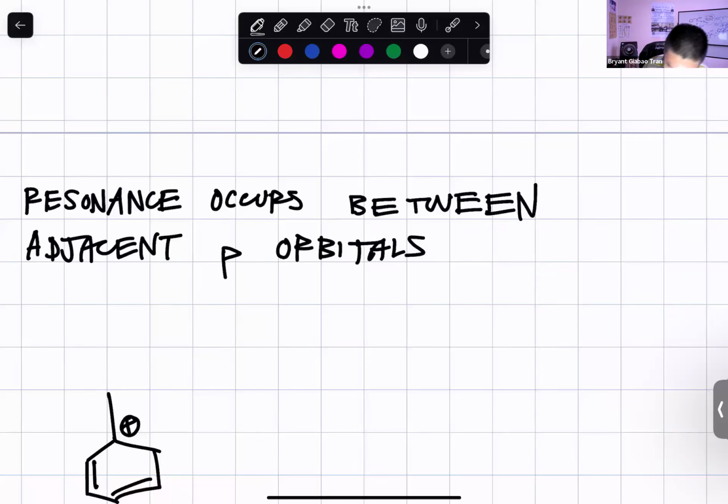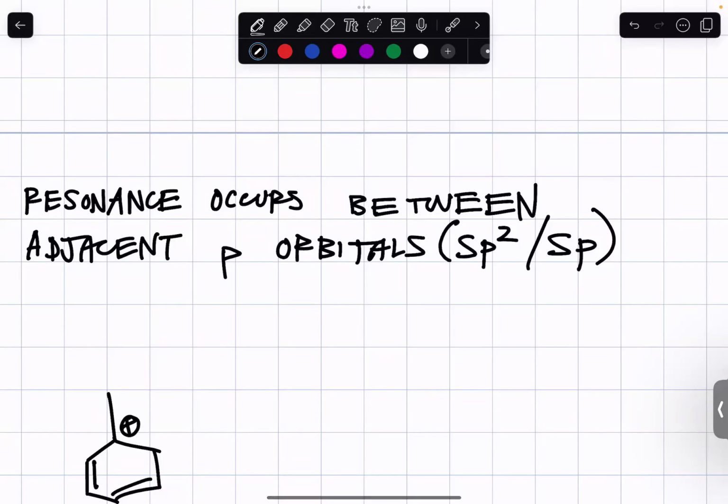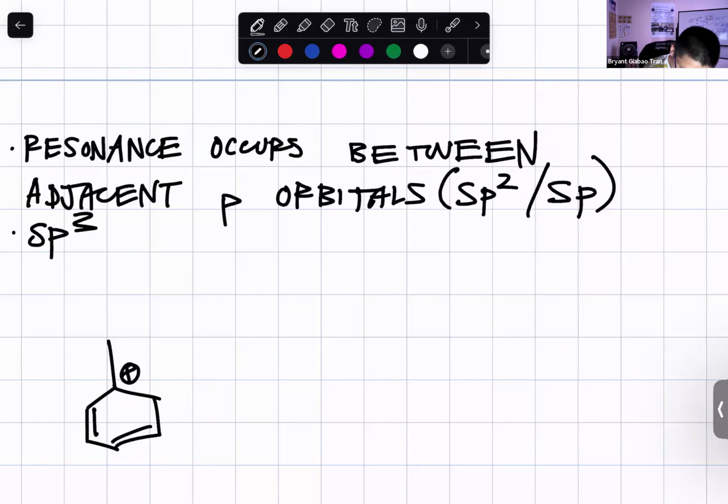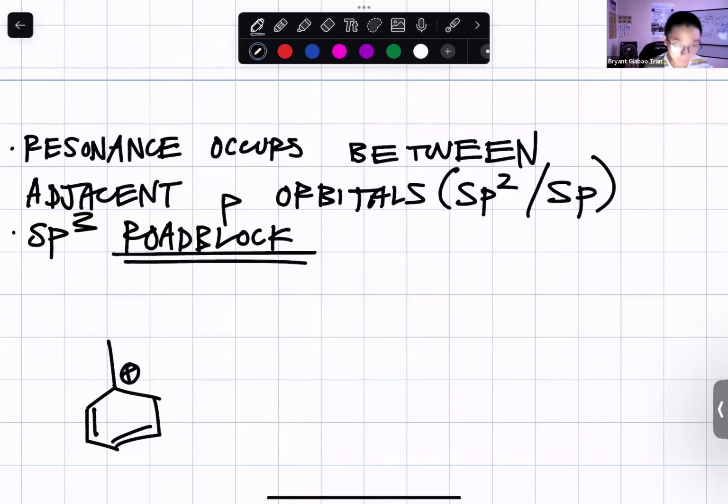And atoms that have p orbitals are going to be either sp2 hybridized or sp hybridized. So you have to have a network of adjacent sp2 or sp atoms in order to do resonance. If you have an sp3 atom, think of that as a roadblock for resonance. You can't do resonance on an sp3 atom, right?